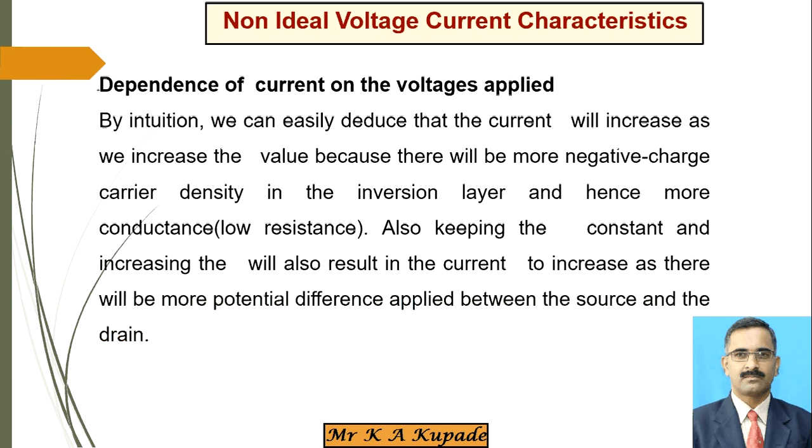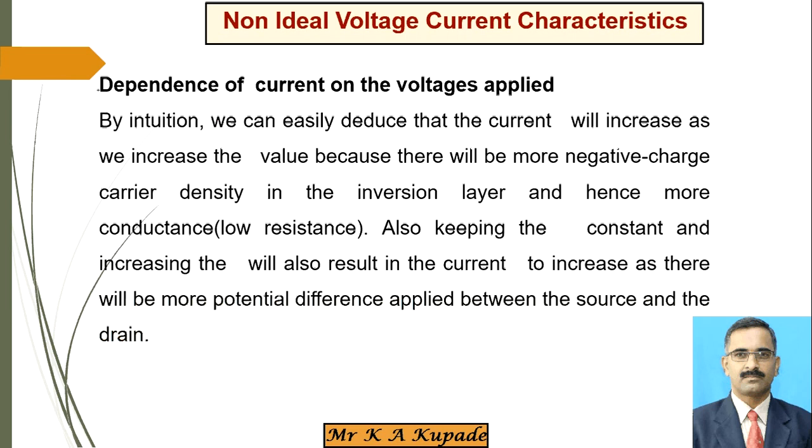If the gate voltage is increased and reaches or exceeds the threshold voltage, the inversion layer is created in the channel, and current starts to flow from the drain to the source. So the current is dependent on the voltage applied; this is one case related to the gate voltage.